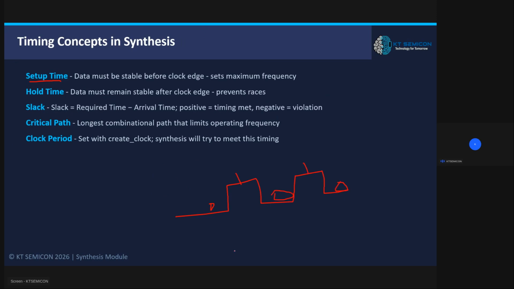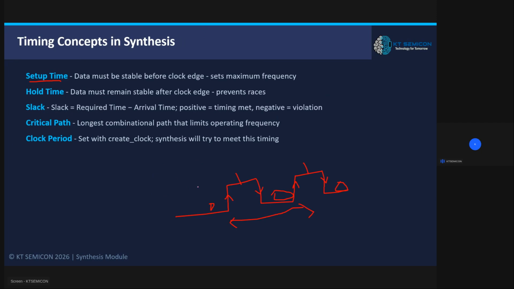This is the rise time, fall time, rise time and fall time. What is meant by setup? Whenever my cycle is one, only then it will transfer the data, right? So this is the complete one cycle from positive edge to positive edge. This is the one cycle, correct?